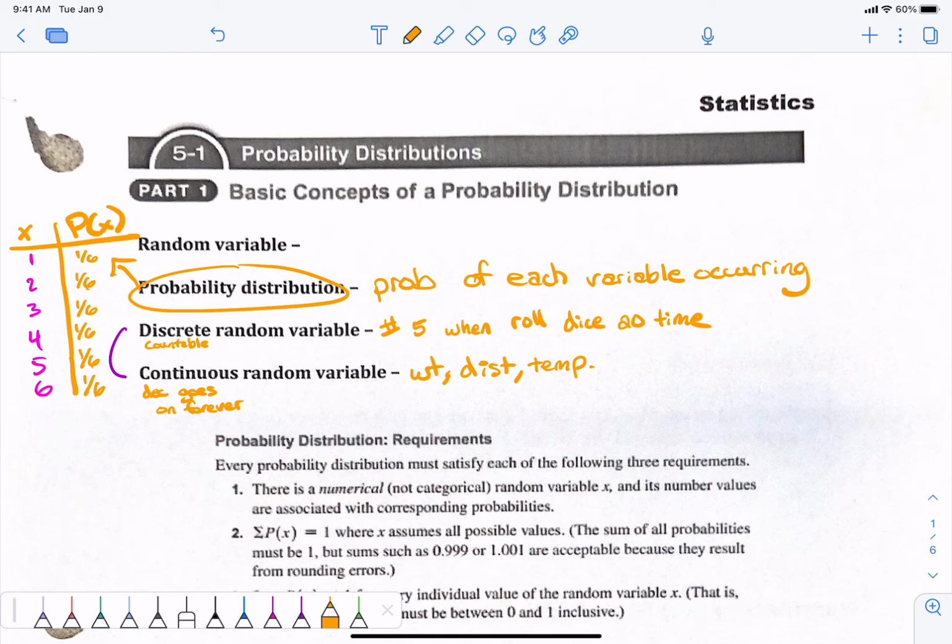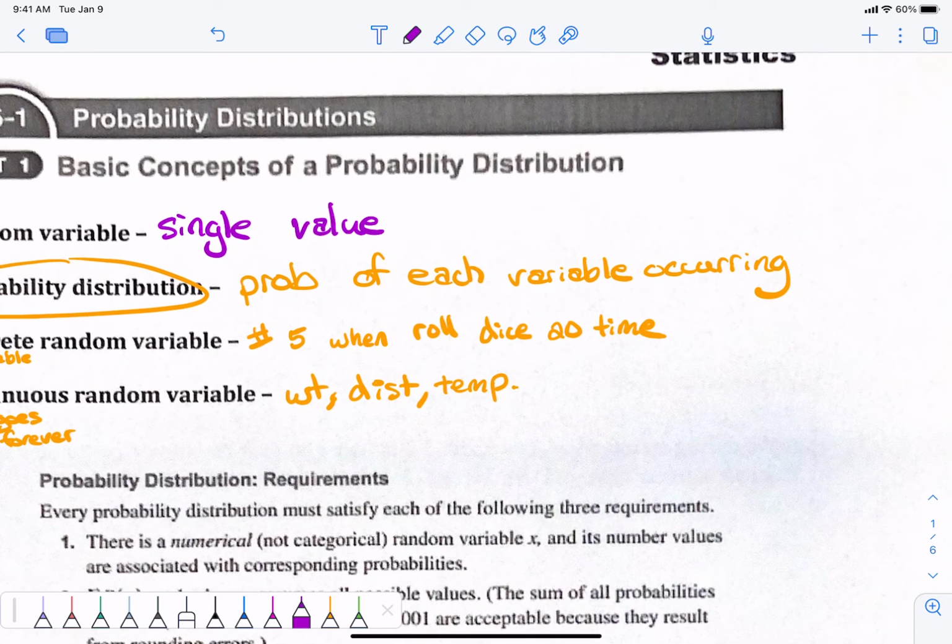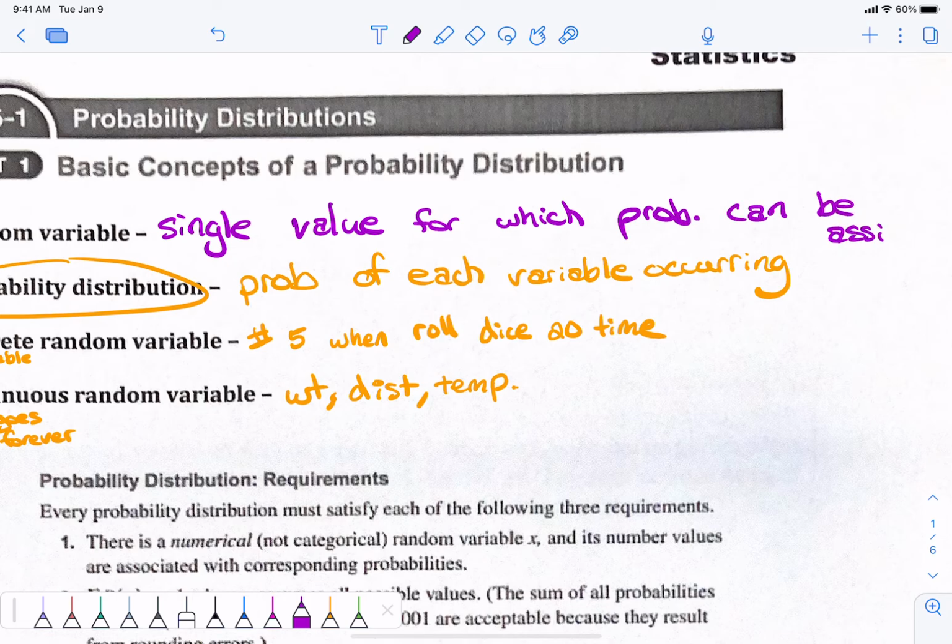Okay, so a random variable is a single value for which probability can be assigned. How about that? Does that make sense? A single value would be like rolling a 2. I can find the probability of rolling a 2, right? A single value.